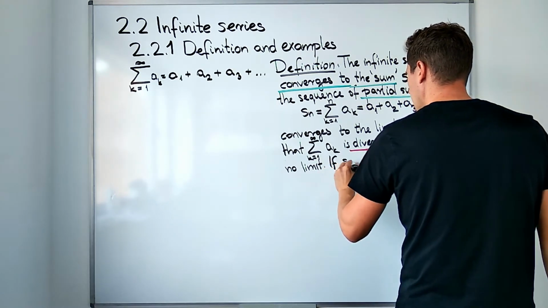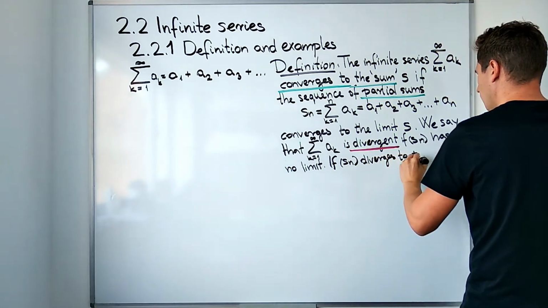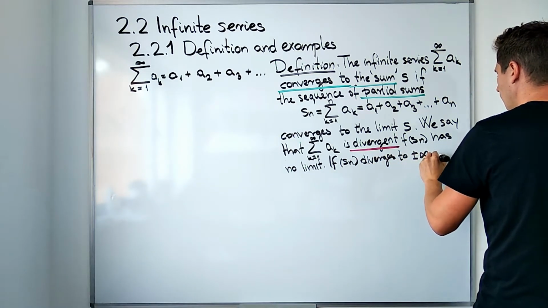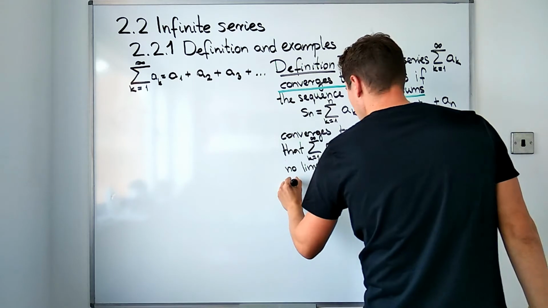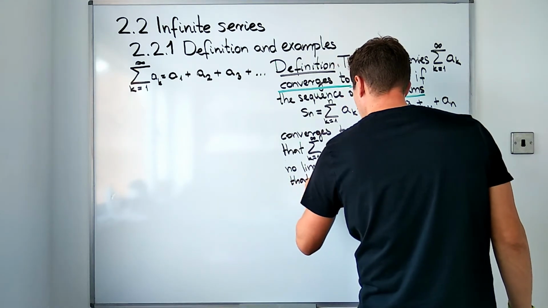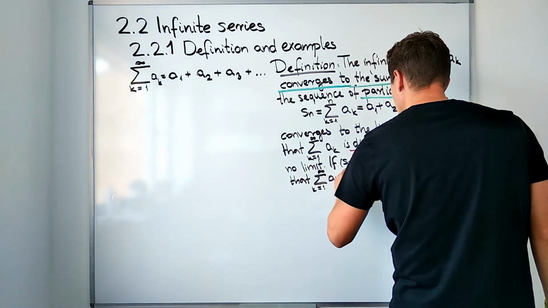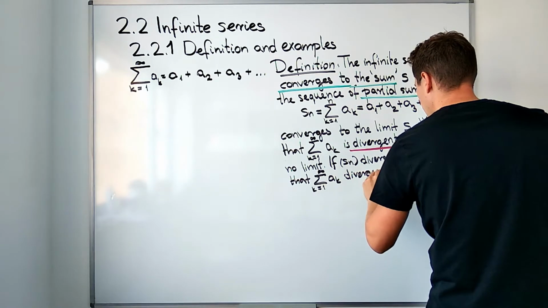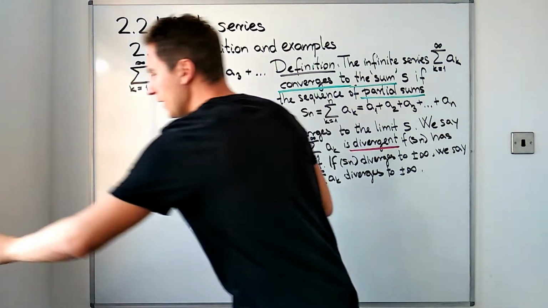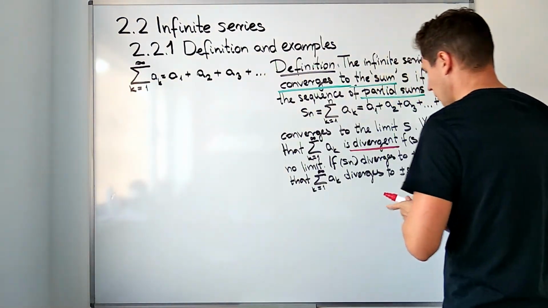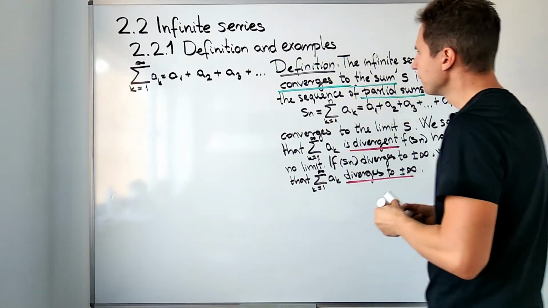If S_n diverges to plus or minus infinity, we say that the infinite series itself, sum a_k with k going from 1 to infinity, diverges to plus or minus infinity. Okay, so it's all dependent on this behavior of the sequence of partial sums. So these are our new notions.